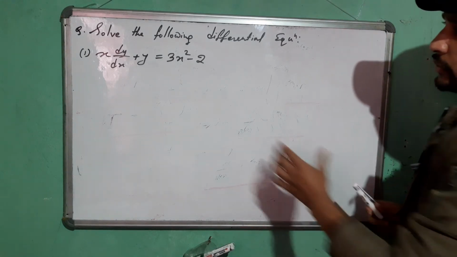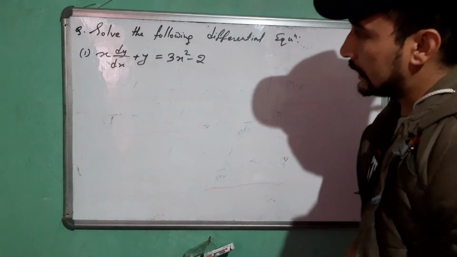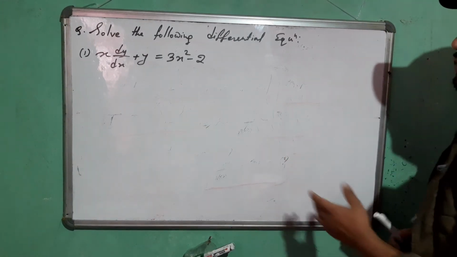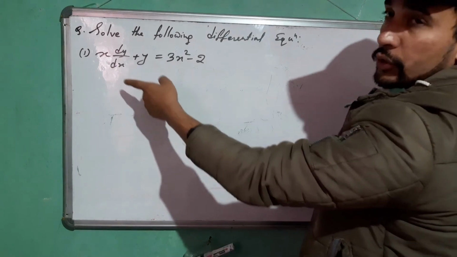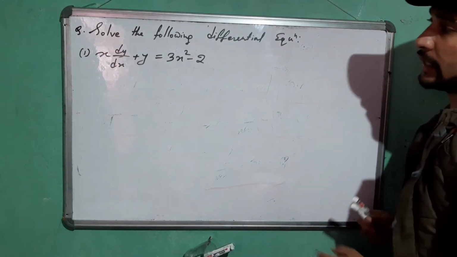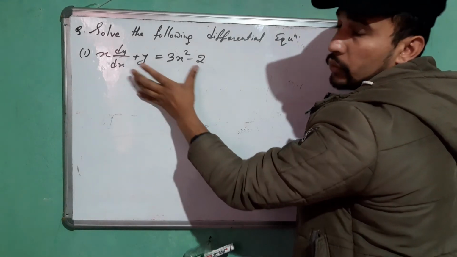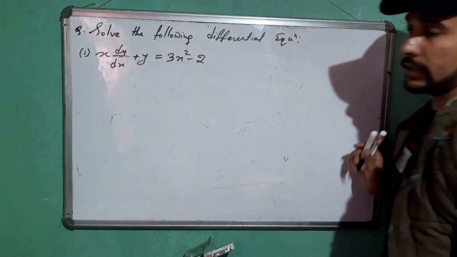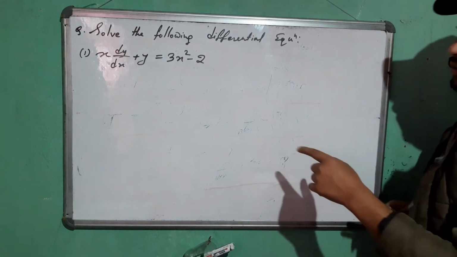So first check whether this is a differential equation of separable variable or not. Separable variable means you should be able to separate dx and x one side, dy and y another side. In this case, it is not possible to separate dx and x one side, dy and y another side. And next, you cannot reduce this to separable variable also. Third, homogeneous.